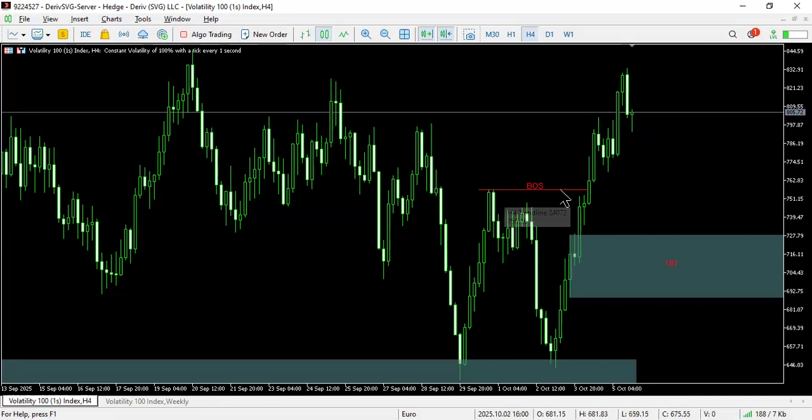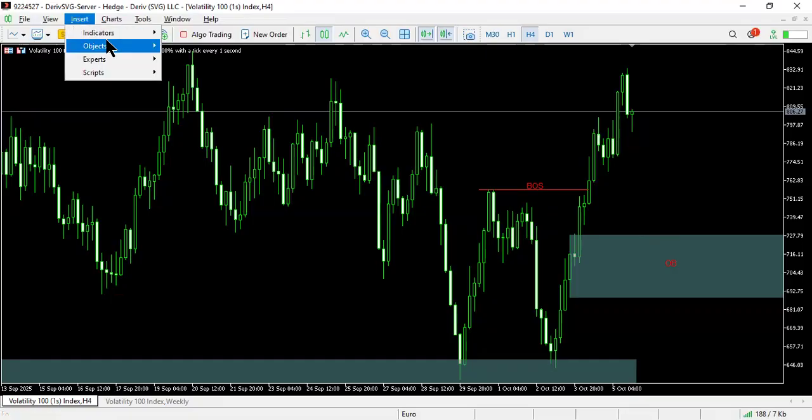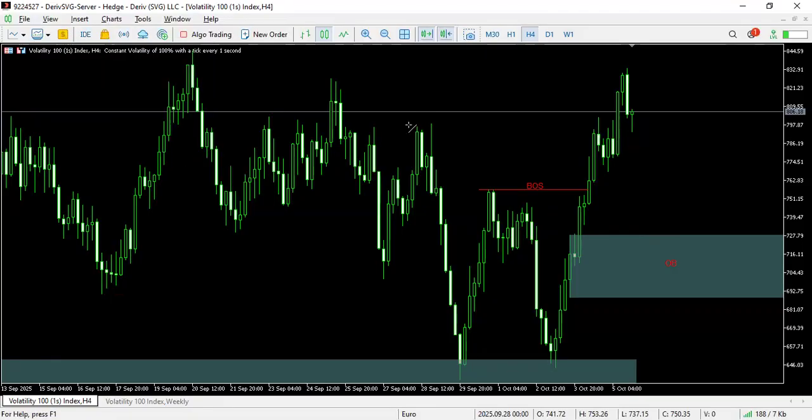Which caused the break of structure. Okay, that is the order block which caused the break of structure. And then we have another break of structure here. So that is another break of structure.